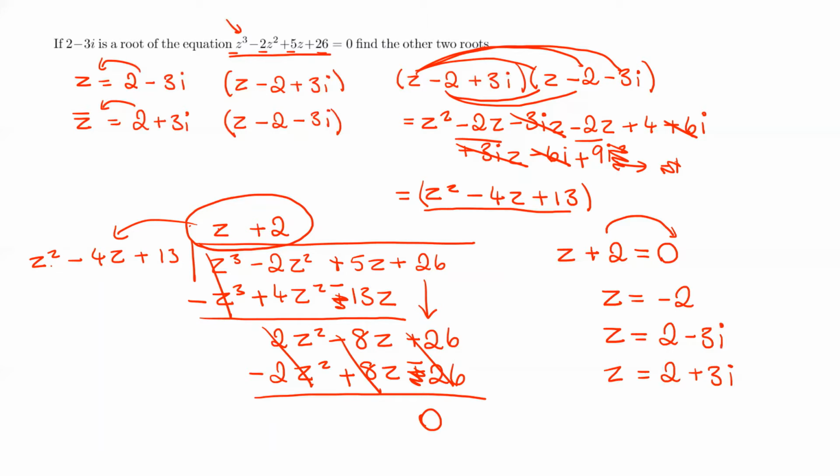To do that, what we first noticed was, okay, so one root is a complex number, so that must mean its complex conjugate is also a root. We then multiply the two factors of those roots together, and in this case, we got z squared minus 4z plus 13. And then you take those two multiplied factors, and you divide them into your equation to get the other factor. Set the other factor then equal to 0, and you will get your root.